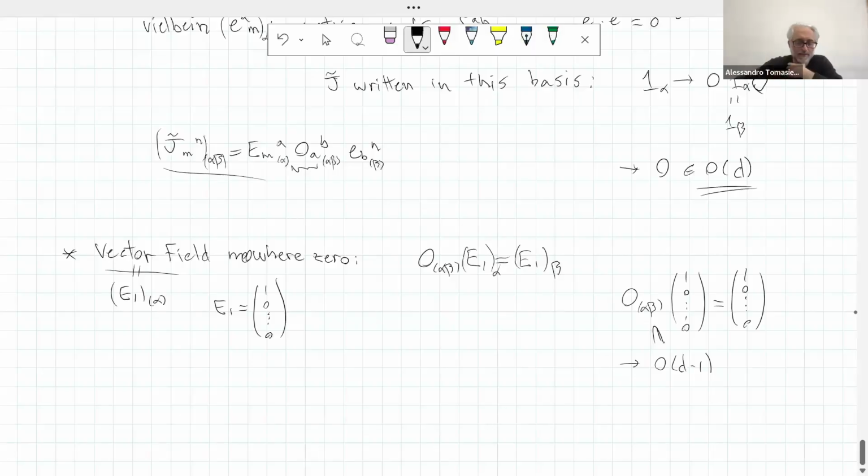Now, such a vector field that is nowhere zero is not easy to find in general. It is famously impossible to consider such a vector field on a sphere. There is no smooth choice of a vector field on a sphere that is nowhere zero.